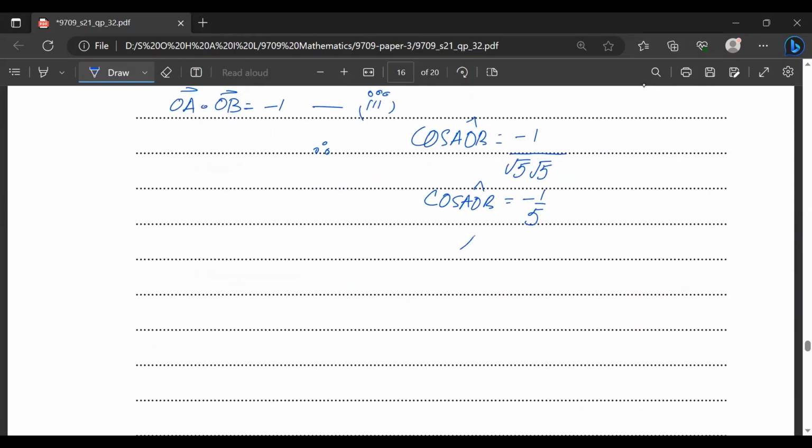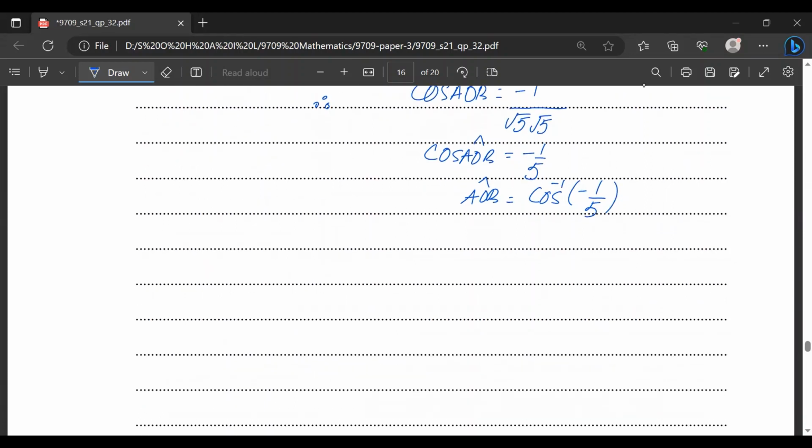Using a calculator, AOB is equal to cos inverse of minus 1 over 5, and the final answer should be correct to one decimal place because this is an angle in degrees. So 101.5 degrees. This is the answer to part A of this question.